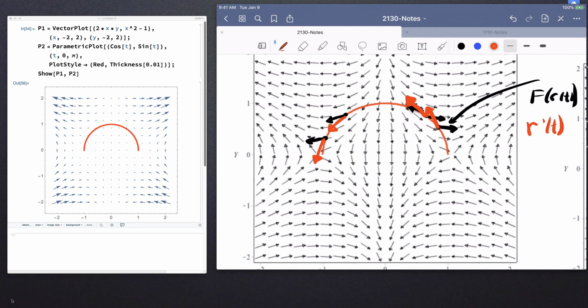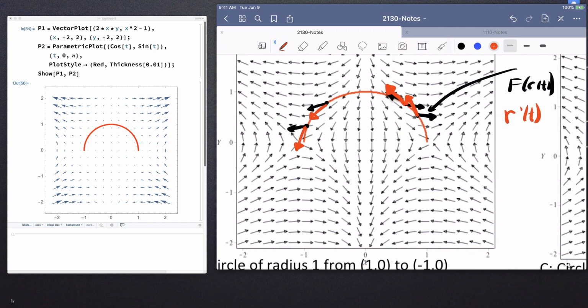So once we have found the vector field along the curve and the direction vector of the curve, we need to compute the dot product of these two vectors.